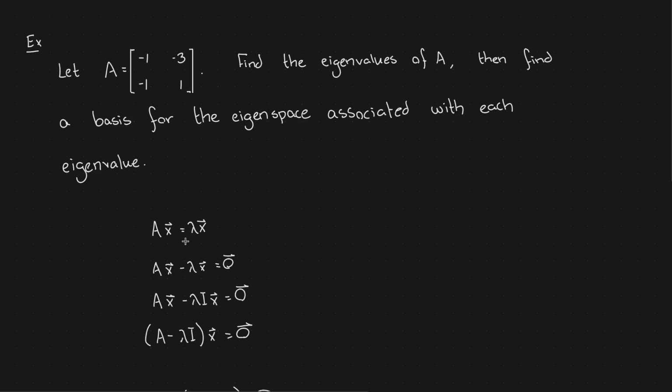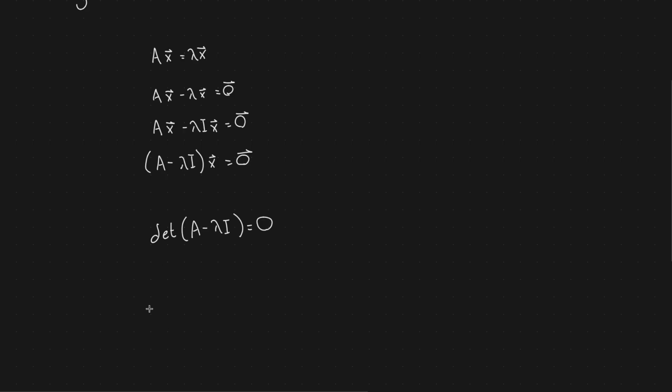Okay? So in this case, matrix A is -1, -3, -1, 1. So we want the determinant of -1, -3, -1, 1, and we want to subtract lambda times I. So that means I will just multiply the ones down the main diagonal of the identity matrix by lambda, zeros everywhere else.